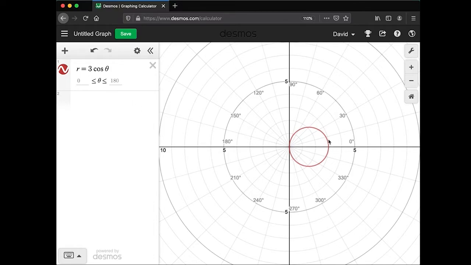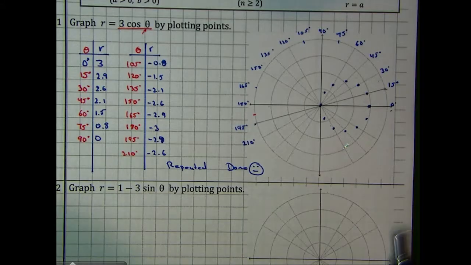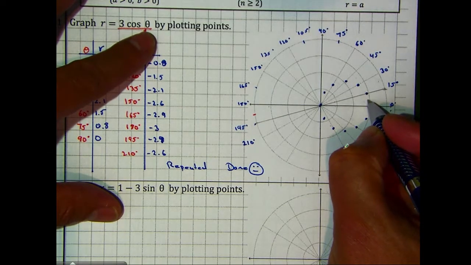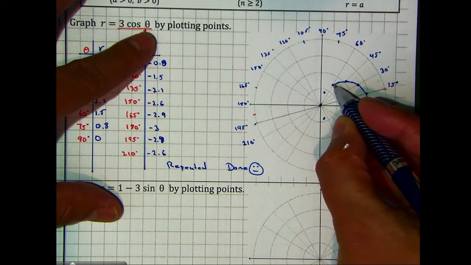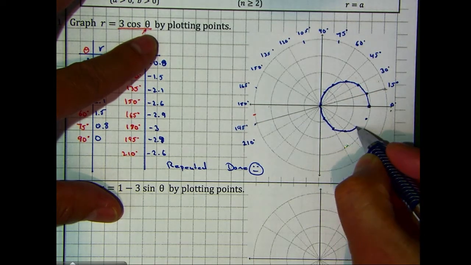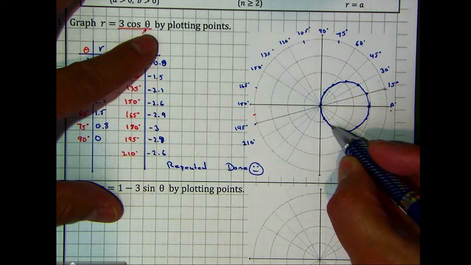We start here, it continues all the way through, and then we go through a different rotation. So once you plot it on your paper, or once you connect it, we started here, and we went all the way around. It doesn't have to be perfect. And then we went all the way around, and it repeats all throughout again.